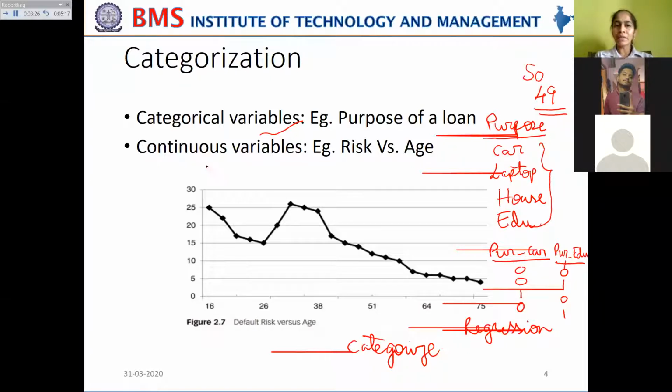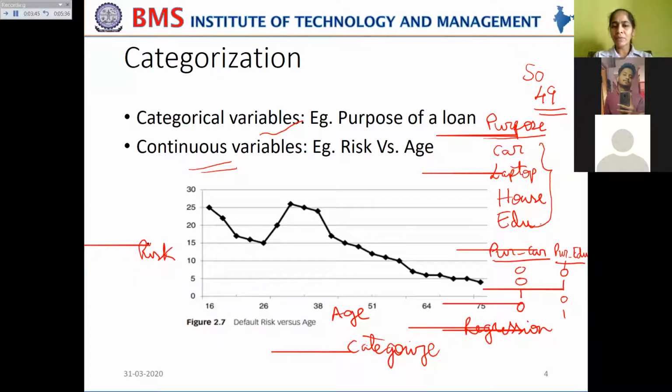Again, if we take the next example, in the case of continuous variables, let us see this graph where age is plotted on the x-axis and risk of defaulting on a loan is plotted on the y-axis.